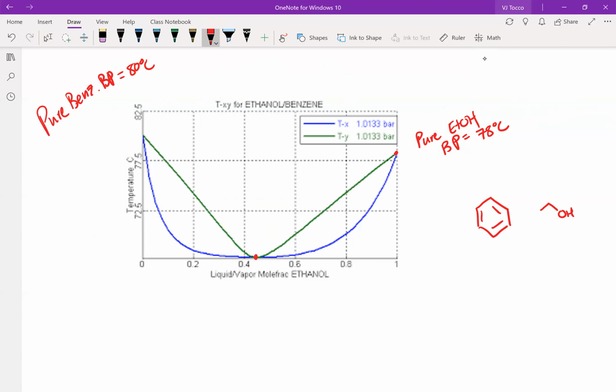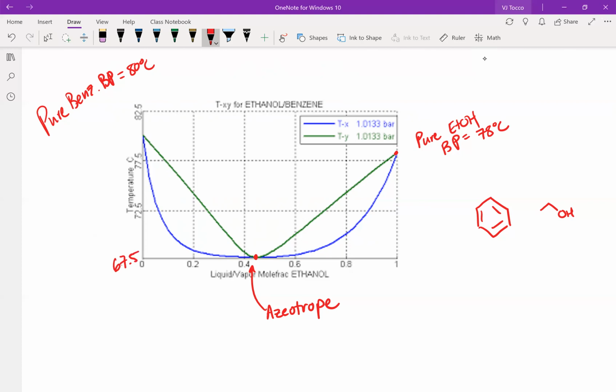In fact, this point here where they come together is a special point. This is called the azeotrope. And so we would say that the ethanol benzene system forms an azeotrope at whatever temperature this is. They didn't label this. I would have to assume that it is 87 or 67.5.